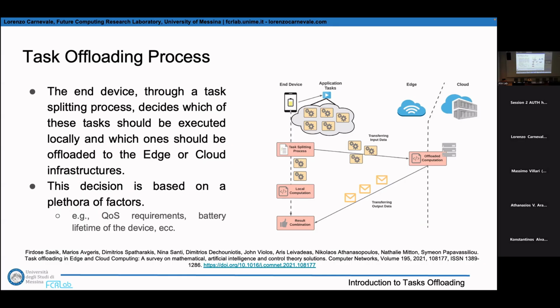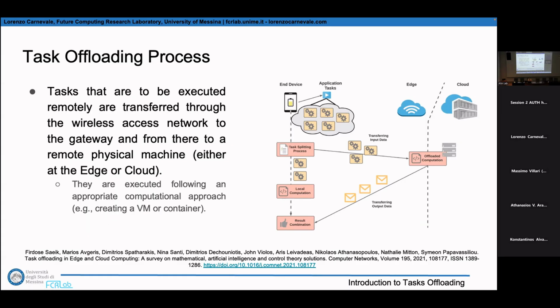Other kinds of factors could be the amount of resources that are needed. For example, the amount of CPU still available in the device, the amount of RAM still available in the device, and other kinds of resources like disk and bandwidth available.